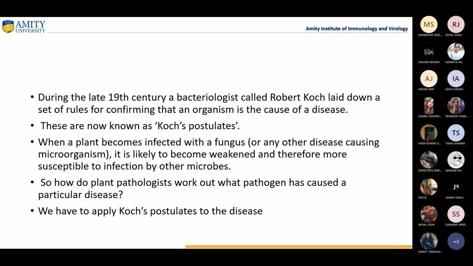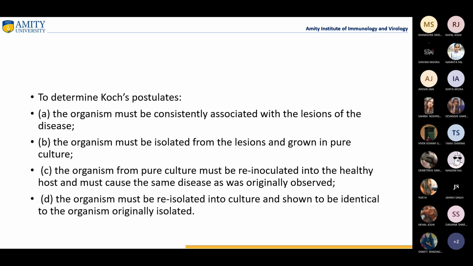So how do pathologists know that a particular pathogen has caused a particular disease? We need to make sure that the disease is being caused by one particular pathogen, or two pathogens at one time. For that, we apply Koch's postulates to the disease. This is basically an experiment with four steps, which we conduct to prove that this particular pathogen or organism is causing this particular disease.